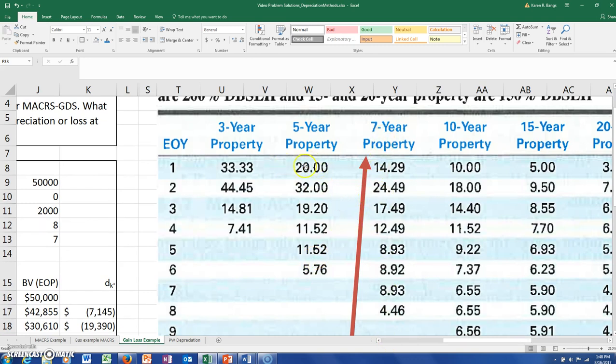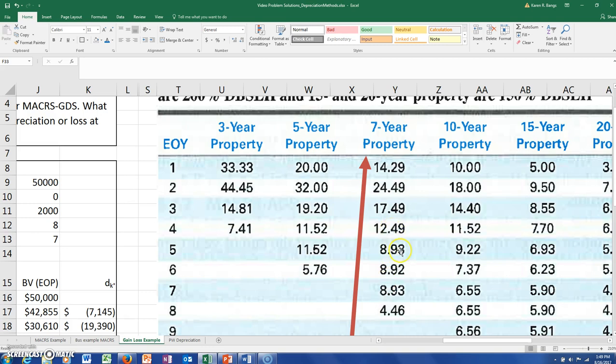So instead of 20% depreciation in the first year, we're going to have 14.29% depreciation in the first year, then 24.49. As always, even though it's a 7-year property class for MACRS, it depreciates over 8 years, a half a year in the first year, a half a year in the last year, and then 6 full years in the middle. You can see here too where it converts from double declining balance to straight line.